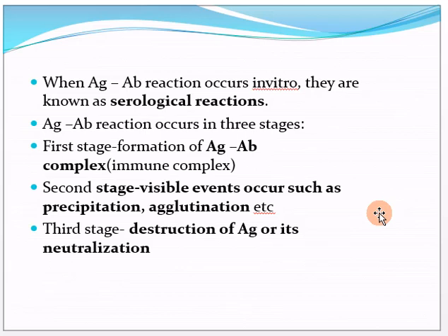Second stage, once there is a binding, there must be either agglutination, bringing them all together, or precipitation. The movement of all the particles will cease. Then the final stage is neutralization or destruction of the antigens and antibodies.